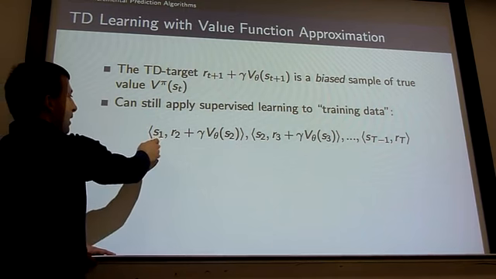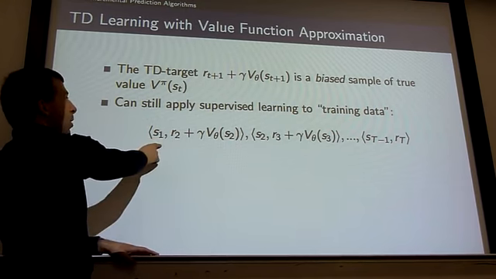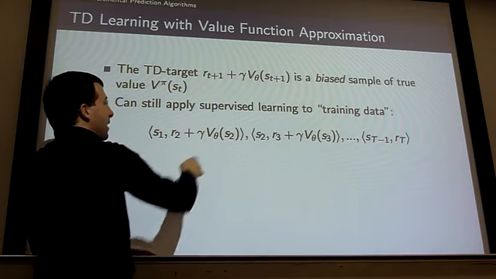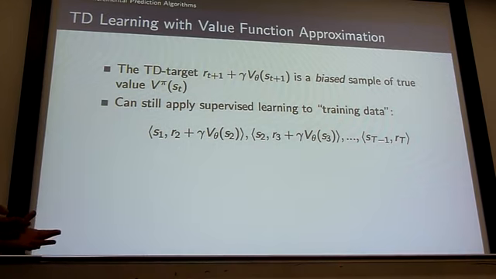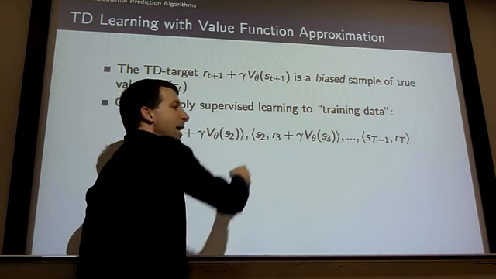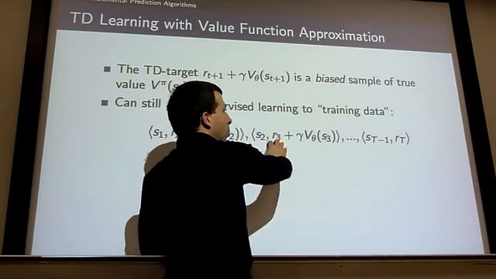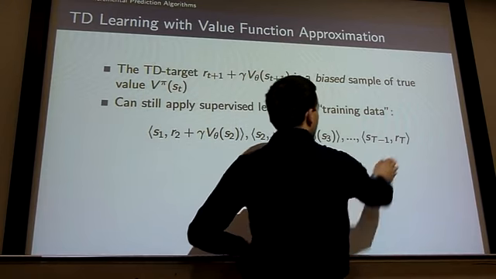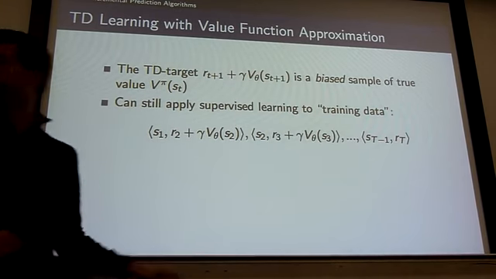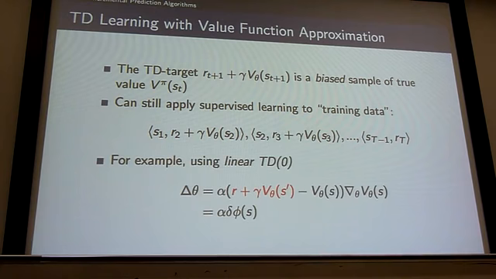So we're basically saying we're going to treat this as a training pair: I was in state 1, and I ended up with a target, a revised estimated value of R2 plus the value after that step. And similarly, if you started in state S2, you would predict that the amount of reward you'll get from there is one step of reward plus the remaining value, all the way through to the end. And so we can think of this as a little bit like supervised learning.